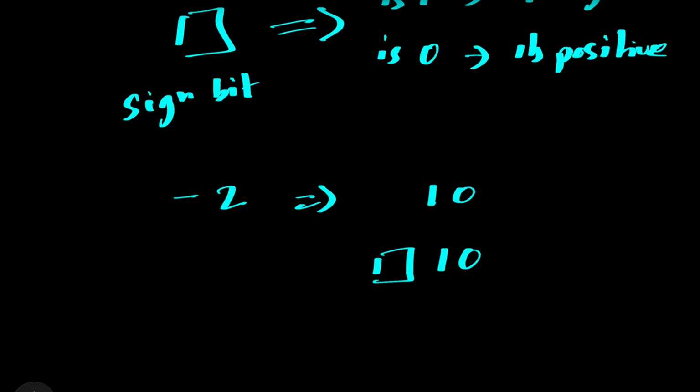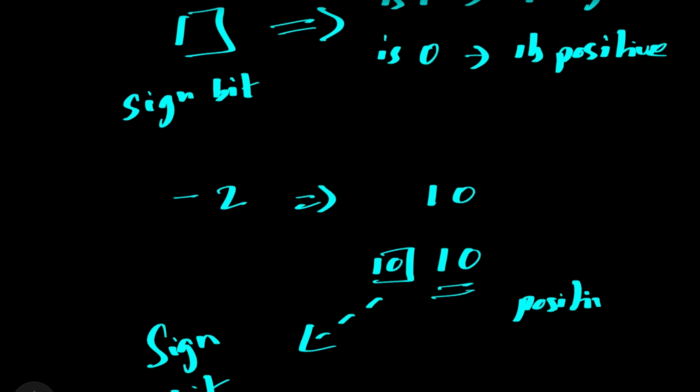This one more bit is meant for the sign bit. So now if I have 0, this 0 says the sign of the digits. So 0 represents positive. So ultimately we have a +2.